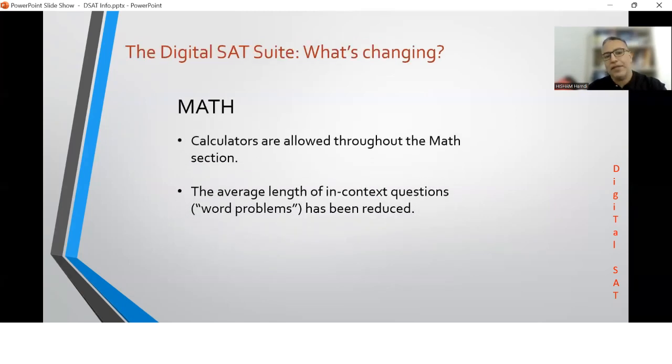What changed in math? Calculator is allowed throughout. Graphing calculator is allowed, the one without the storage. And the average length of the questions is much shorter right now. Data analysis questions are shorter. They cancelled the complex numbers. There was a lesson for complex numbers, and they cancelled it. Most of the questions don't have a big word problem, just a short word problem, and it's adaptive.